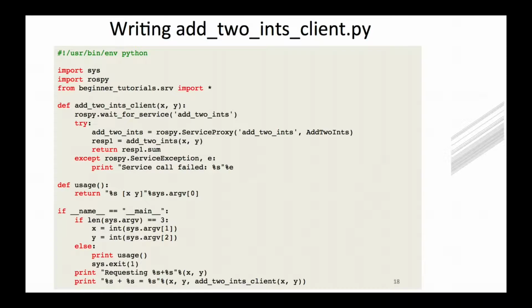Okay, so what does a client look like? It can be made to look much simpler, but I'll tell you the key parts of the client. So here's the first, what you may find surprising part. The client does not necessarily have to be a ROS node.